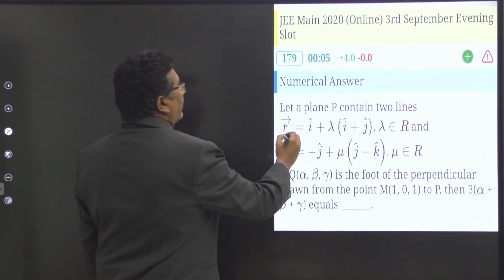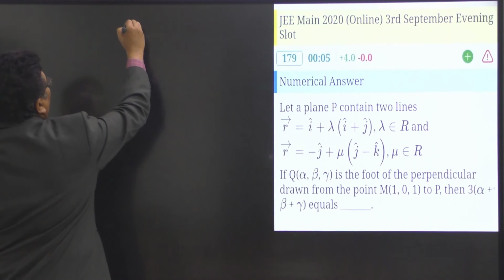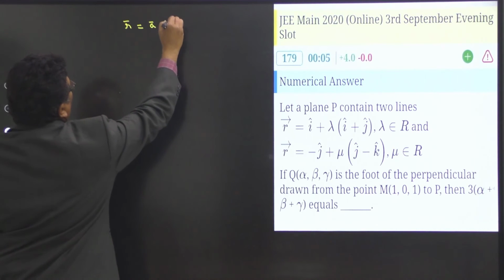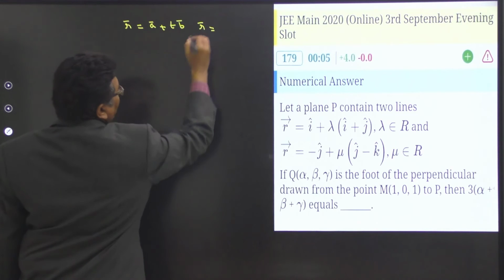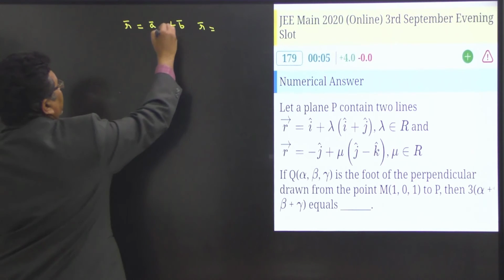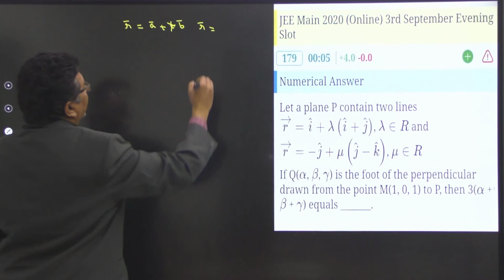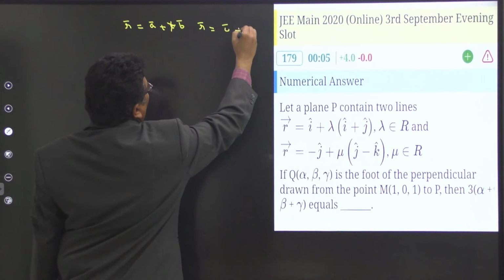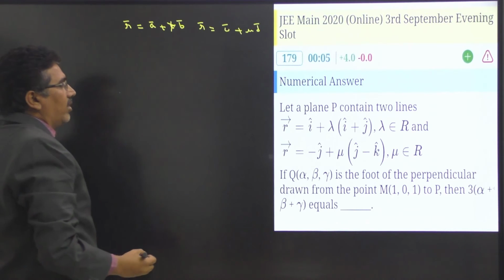Suppose the lines are of the form r bar equals a bar plus lambda times b bar, and r bar equals c bar plus mu times d bar.